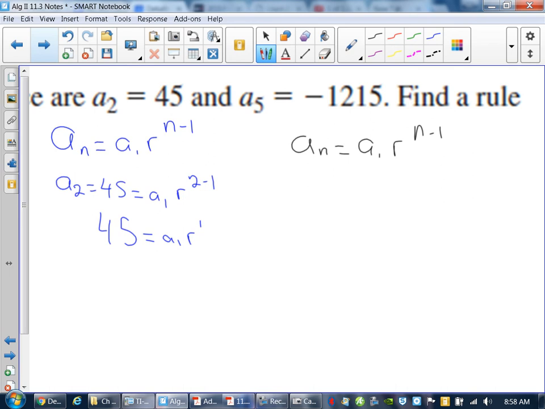Okay. The fifth term is negative 1215, which is the first term times the rate to the 5 minus 1. So negative 1215 is my first term times the rate to the 4th.